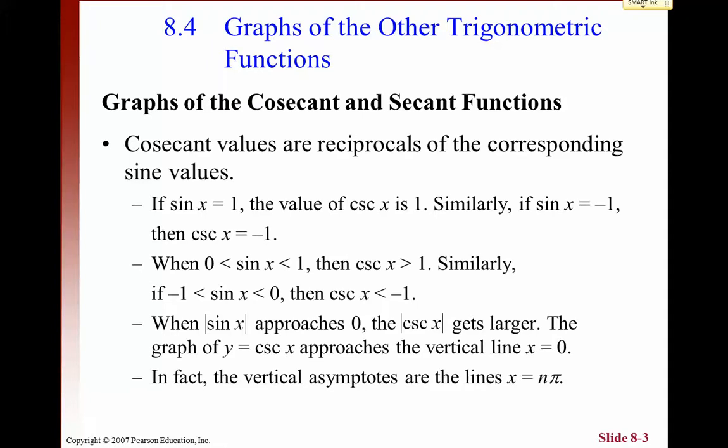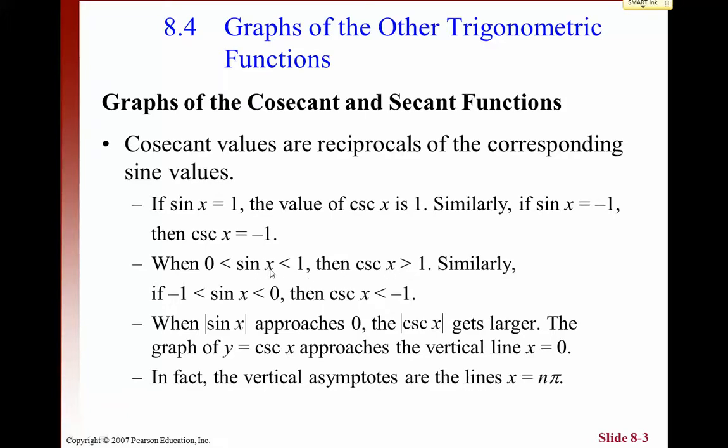The cosecant values are the reciprocals of the sine values. So when the sine equals 1, the cosecant equals 1. And when the sine equals -1, the cosecant is also -1. So those reciprocals are, when it's 1, the reciprocal is also 1, and the same thing for -1. And when the sine is positive between 0 and 1, then cosecant is also positive, but it's always greater than 1, right?